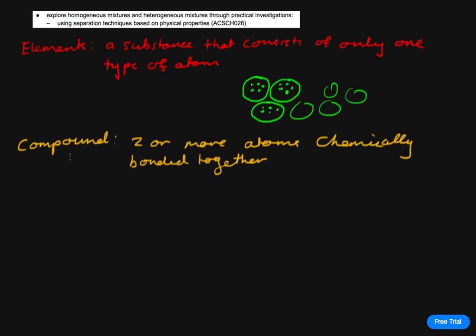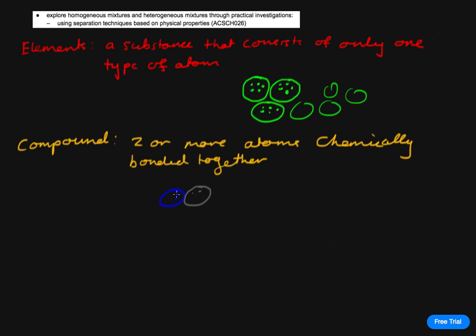Okay, so now that we know a compound is 2 or more atoms that are chemically bonded together. So for example, I might have a blue atom here that has some amount of protons in its center, and then I might have what I hope is a grey atom, and they're chemically bonded together.